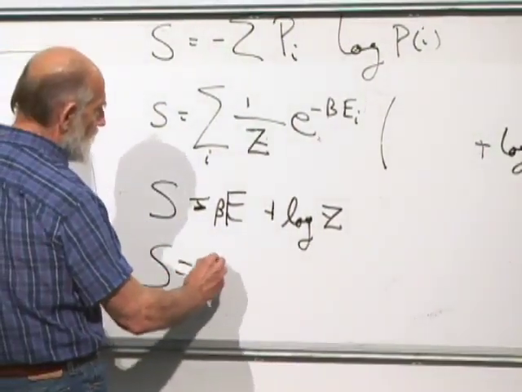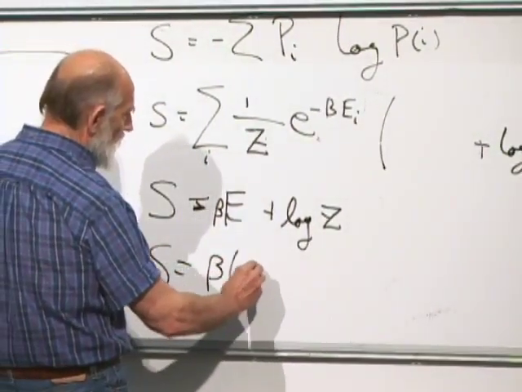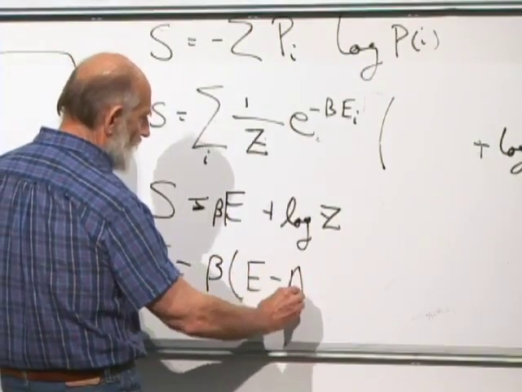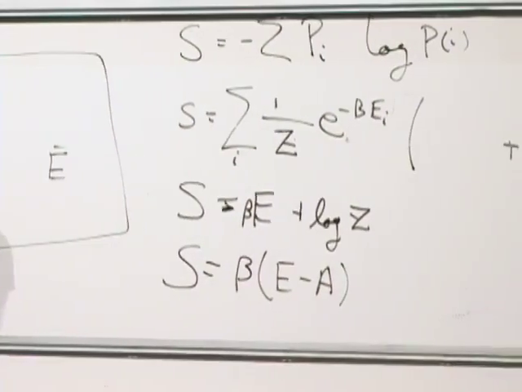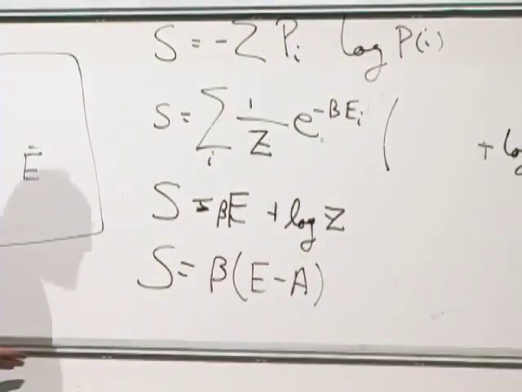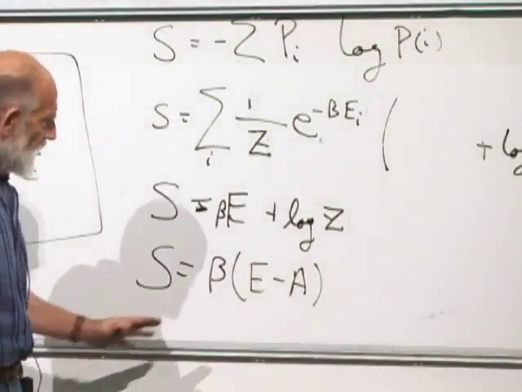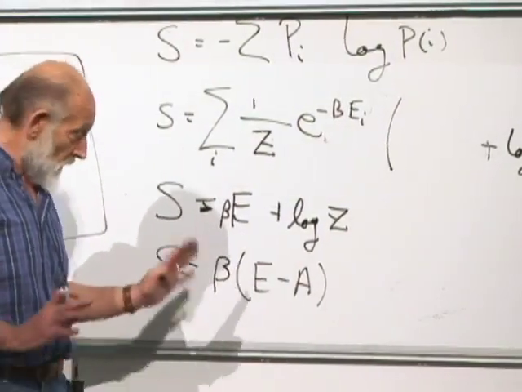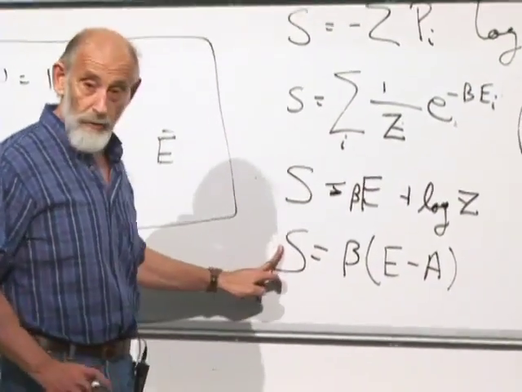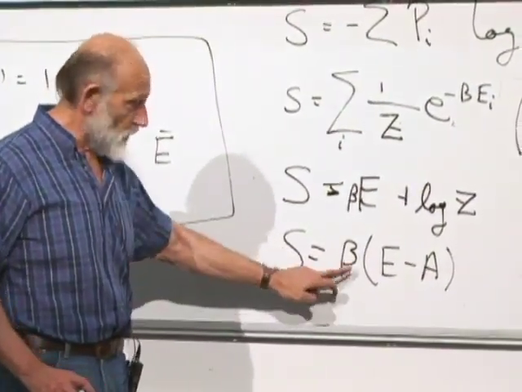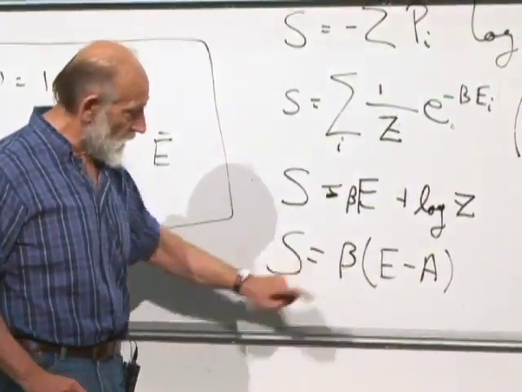S is equal to beta times E minus A. So the difference between the energy and the Helmholtz free energy is just the entropy divided by beta.